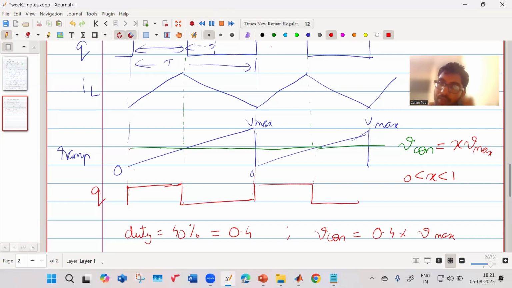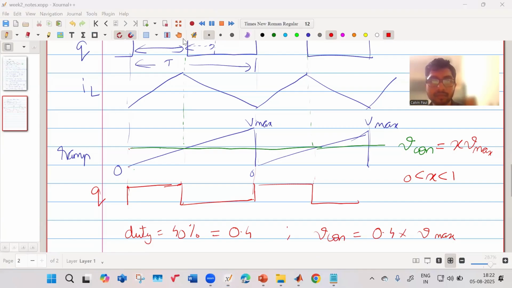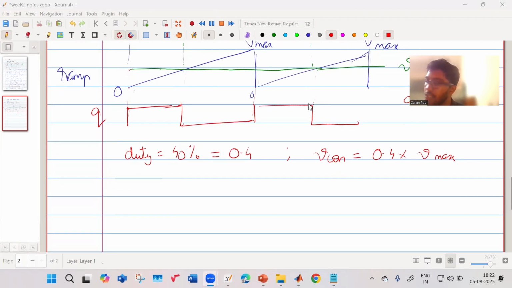This is how the duty is set for your converters, for running them in open loop. So any questions till this point? Okay, all of you are very quiet. Good. So this is the duty we have got.